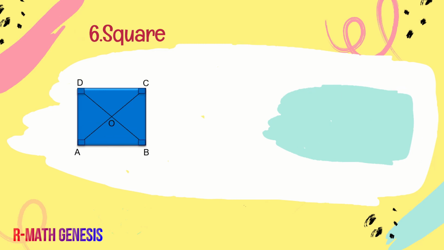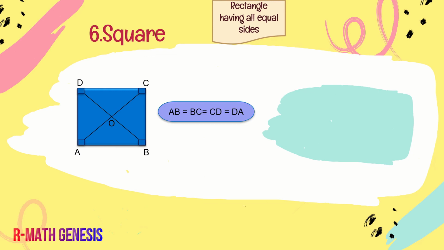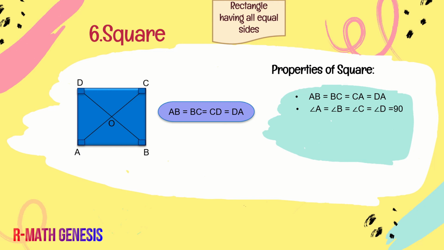Next comes the square. What's a square? A rectangle having all sides equal. We already know it, right? A square will have all equal sides. Now ABCD is a square, which means that all sides are equal. So our first property is all sides are equal. And what about the angles? All angles will also be 90 degrees.